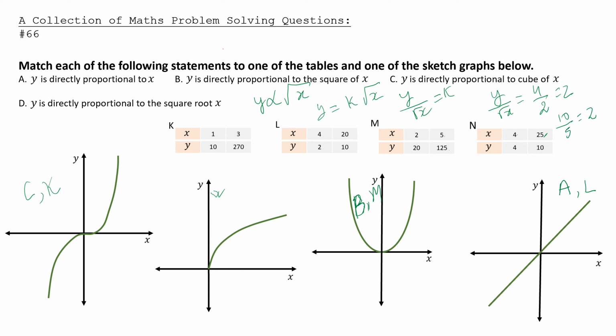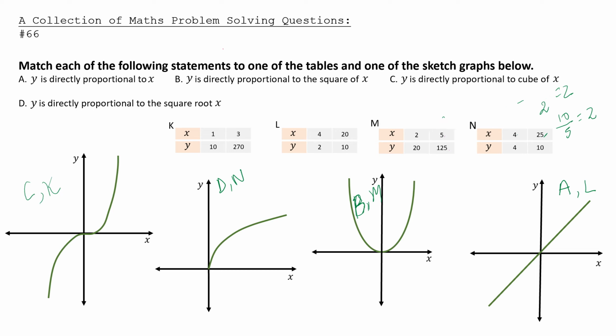So k equals 2, so the equation is y equals 2 square root of x. For this equation, the graph that fits is obviously this. So it's going to be D and N. And I think that answers our question.